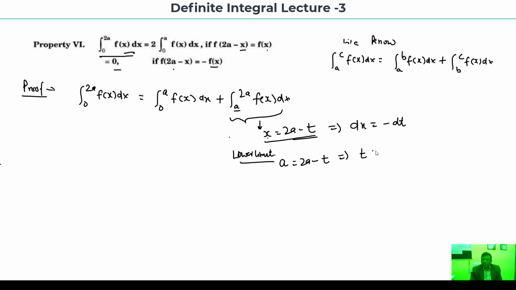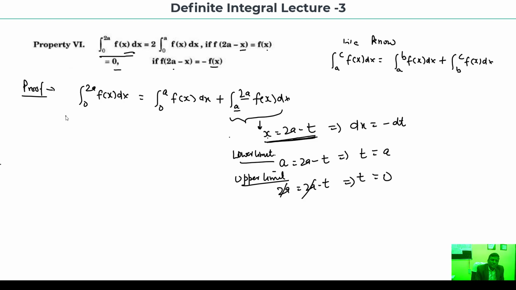From here t equal to a. For the upper limit, the upper limit for x is 2a, so I put x equal to 2a, 2a is equal to 2a minus t, that implies t equal to 0.